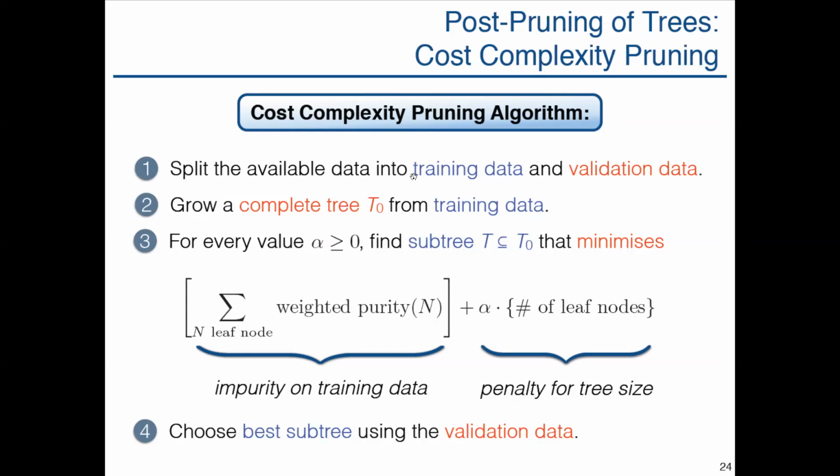So यहाँ पे जो T naught है, T naught is that complete tree that we're talking about. Alpha is basically a constant that is used to assign some sort of a penalty for the tree size, because again, to avoid that problem of overfitting, what we want to do is कि हम अपना tree का size बहुत बड़ा नहीं रखना चाहते, because that is going to increase complexity.